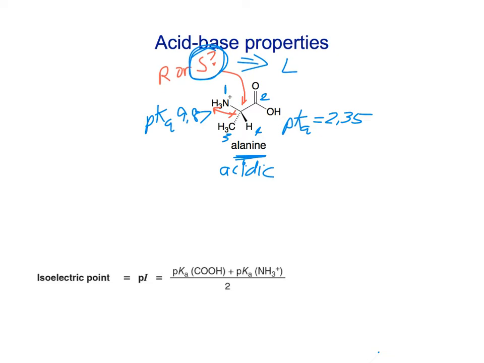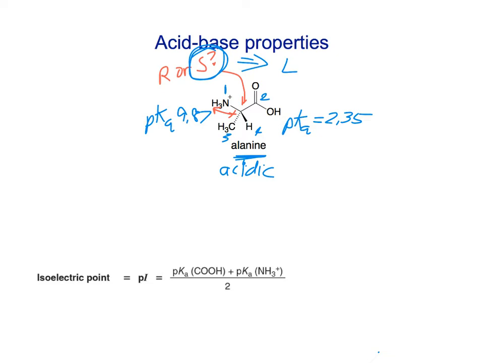Right, lower than 2.35. Right? Because if we want that carboxylic acid to be in its acidic form, we need to have the pH below its pKa. And if we want to have all of it in that form, we probably have to go another pKa unit or more below that.